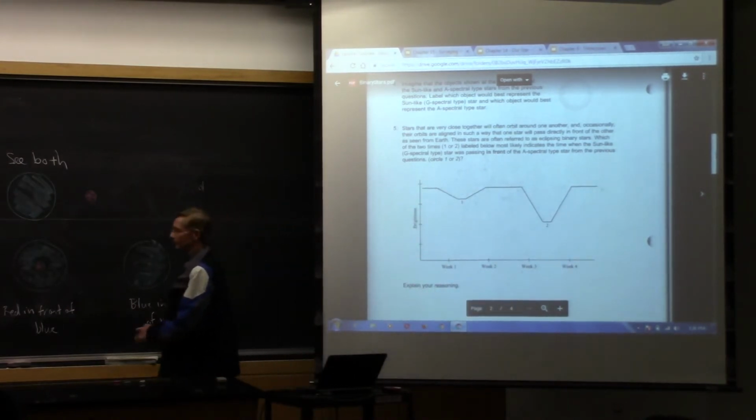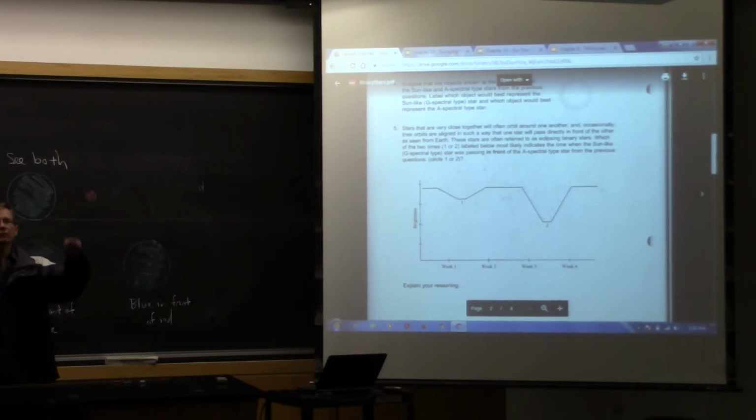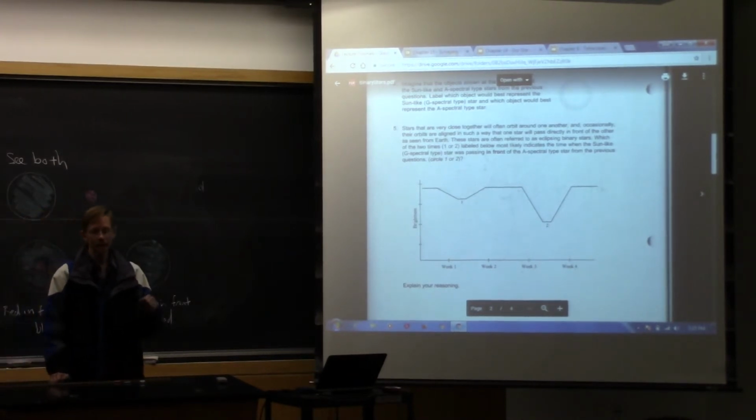So let me ask you this. If I got a red star and I got a blue star, if I look at each square meter of those star surfaces, which one is sending out more power, more energy per unit time out of each square meter of its surface? The hot star or the cool star? The hot star does, right? The hot star does. So when am I going to be getting rid of more light?